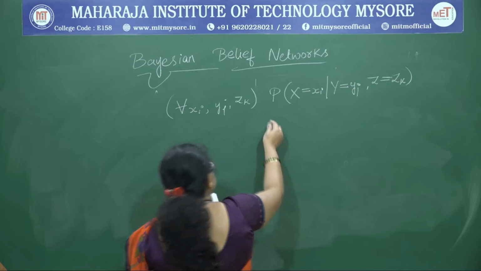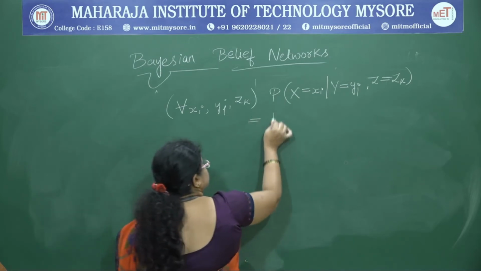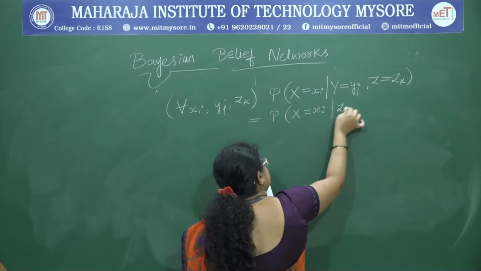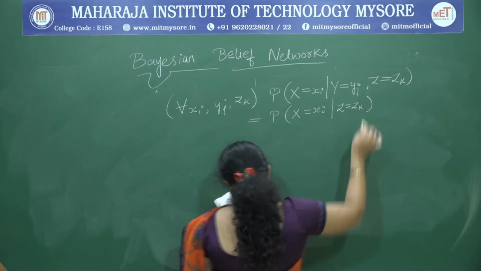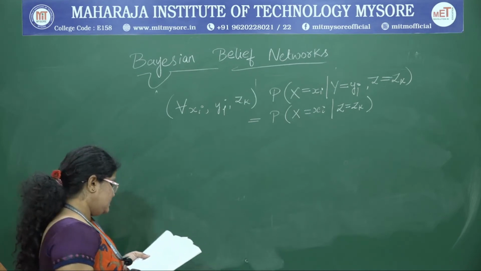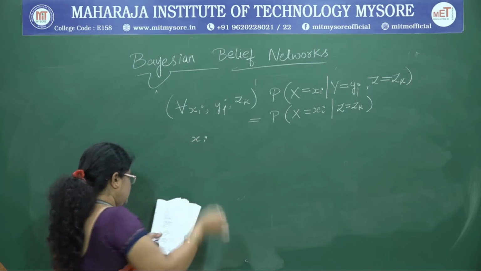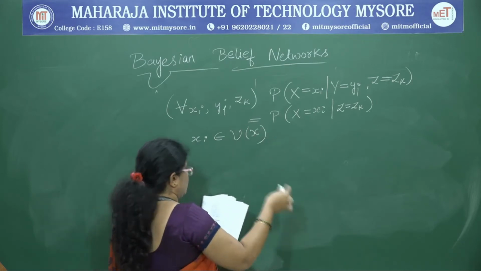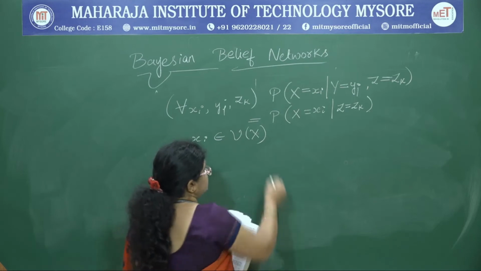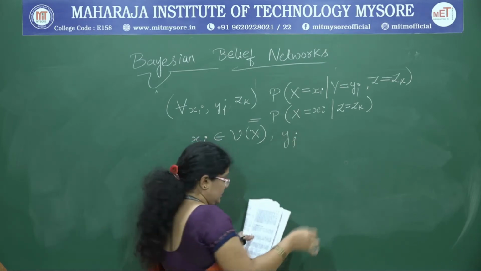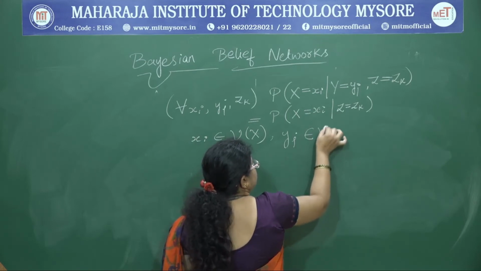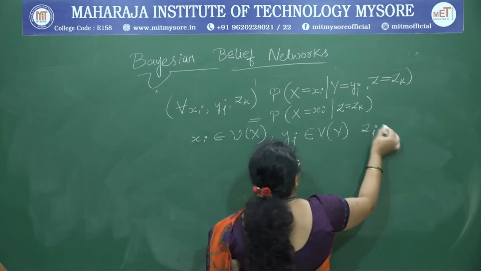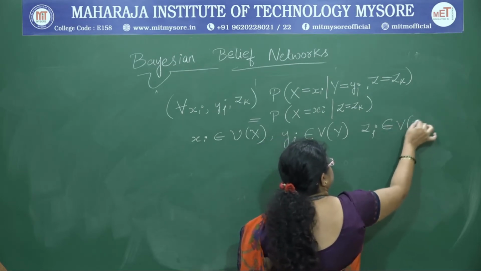is also equal to the probability that x is equal to xi given z is equal to zk, where xi is a value that belongs to the values of x, yj belongs to the values of y, and zk belongs to the values of z.